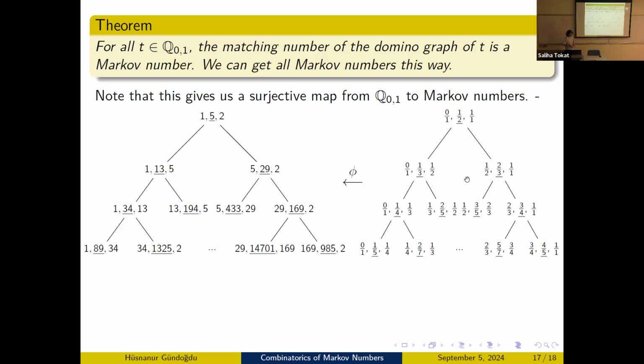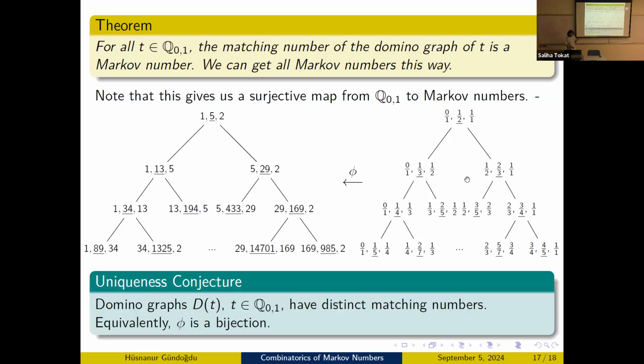Now we have a new variant of the uniqueness conjecture, which says all the domino graphs have distinct matching numbers. Then, if all the domino graphs have distinct matching numbers, the mapping for all the rational numbers gives a correspondence to distinct Markov numbers.